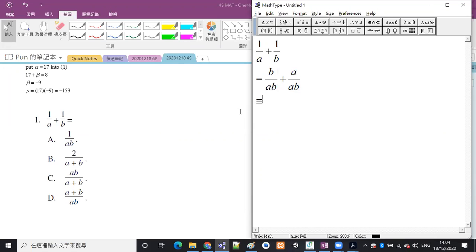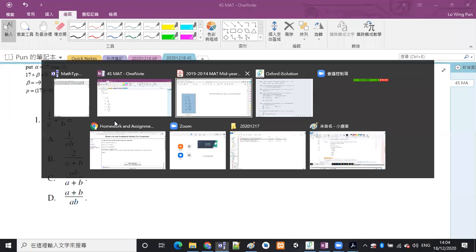And now they have equal denominators, then I just merge the two fractions together, okay, using the same denominator, okay? But you know that b plus a can be written as a plus b, okay? So that is the answer, option D.